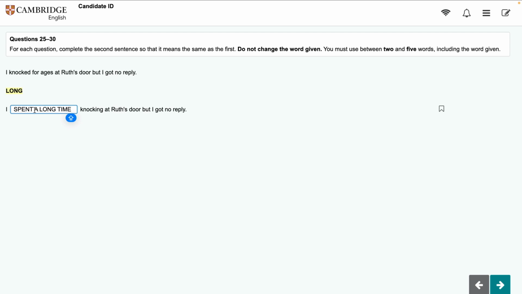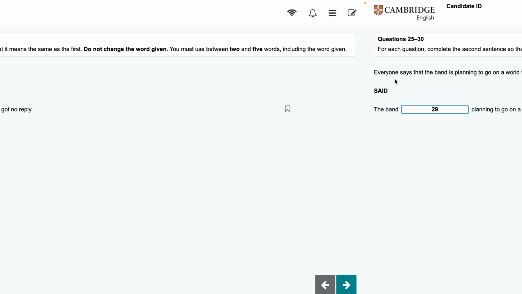It's got the keyword long unchanged, and my answer, I mean the words I have filled in the gap here, there are four words including the keyword. So it seems everything is correct, and we move on to question 29.